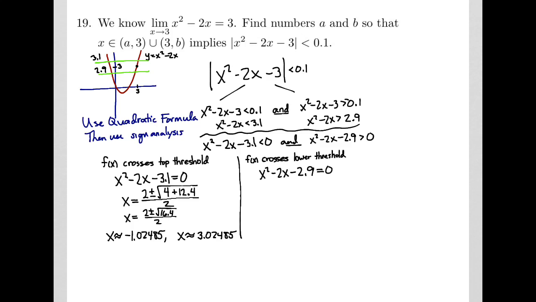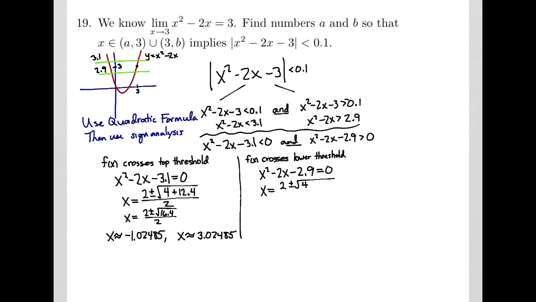My second threshold corresponds to the equation x squared minus 2x minus 2.9 equals 0. Again, this is a quadratic equation which I can solve using the quadratic formula. x equals negative b plus or minus square root b squared, 4, minus 4ac.